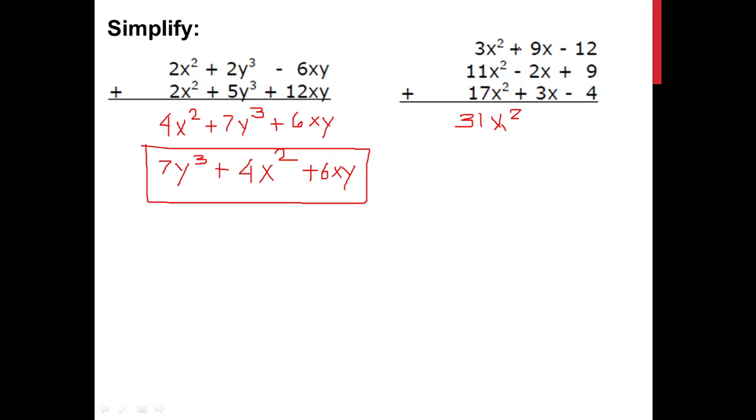Now here, let's do this one at a time. Let's process this one first because we have positive and negative, right? So positive and negative means subtraction. Now the sign of the biggest number, which is 9, is positive. Then subtracting this one will result in positive.